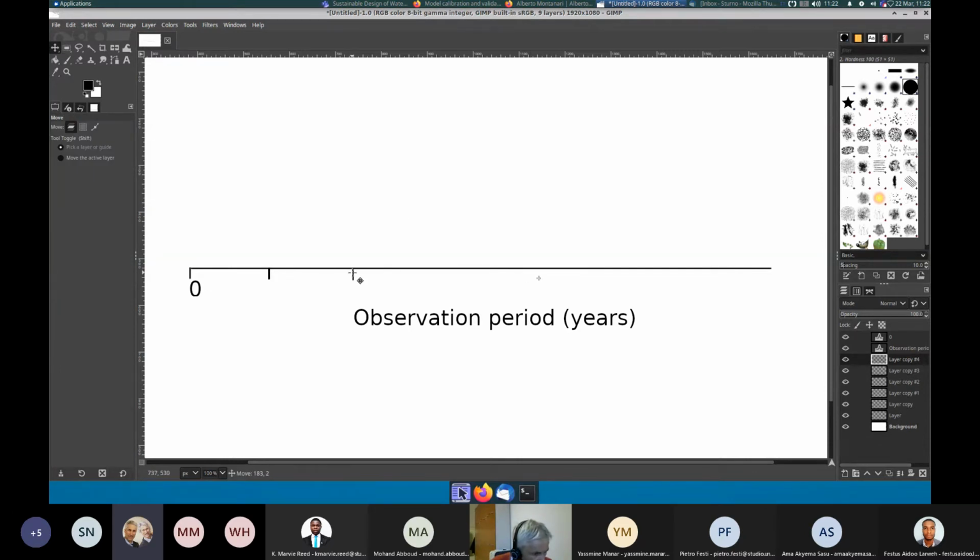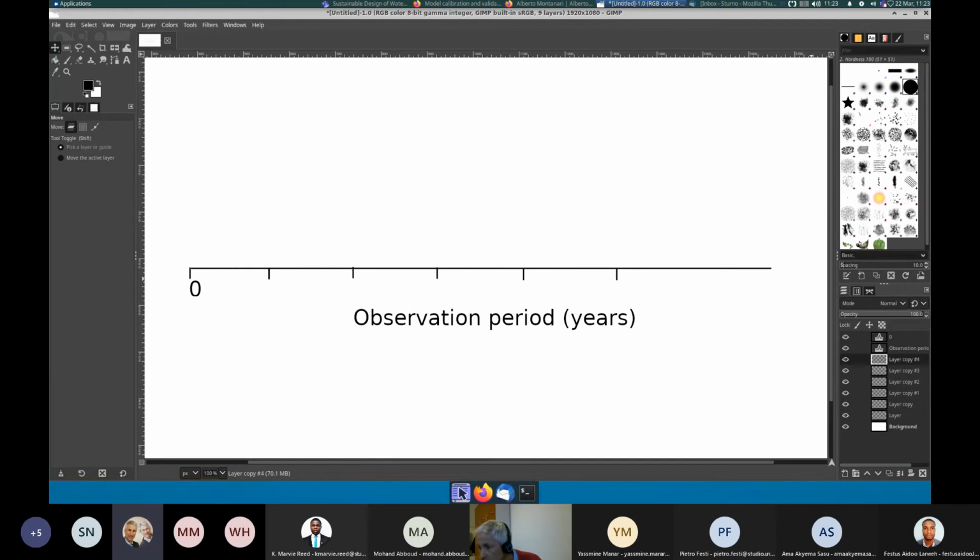So this is something like here 2, and this is here 3, here 4, and here 5. And let me limit the example to 5 years.